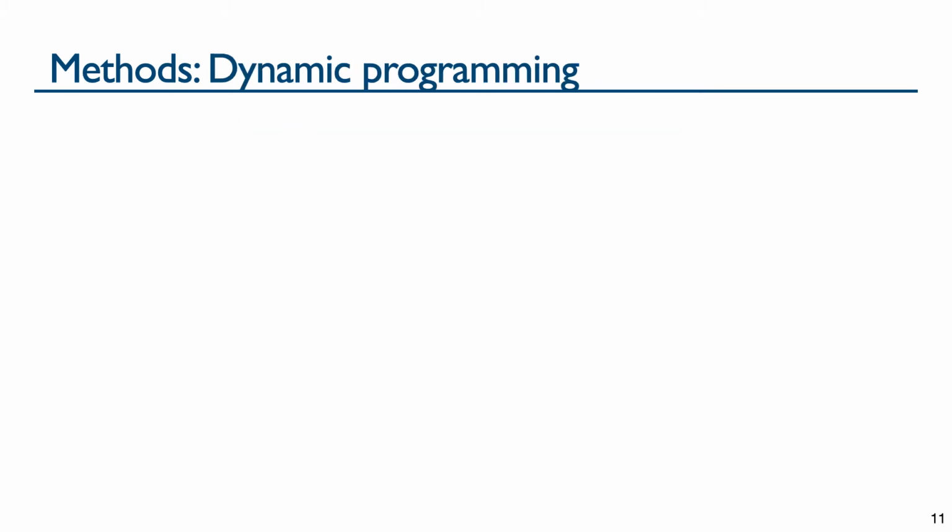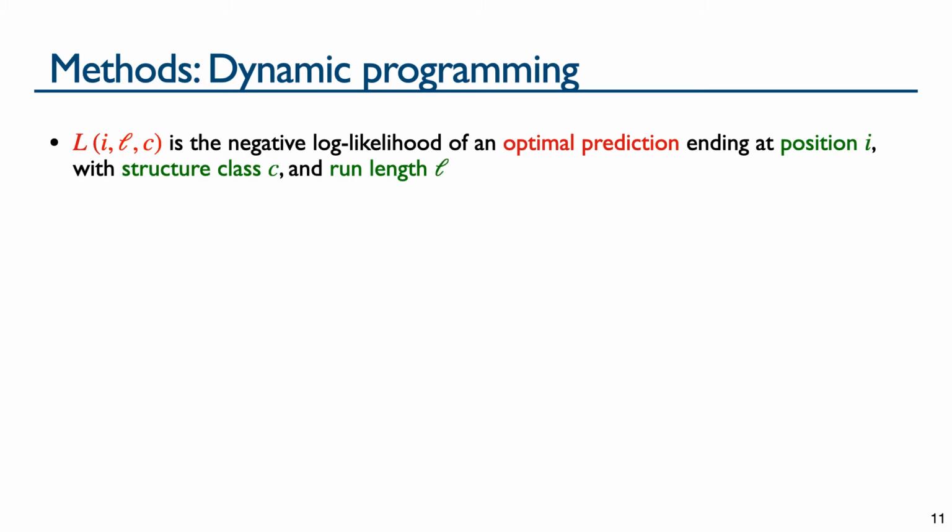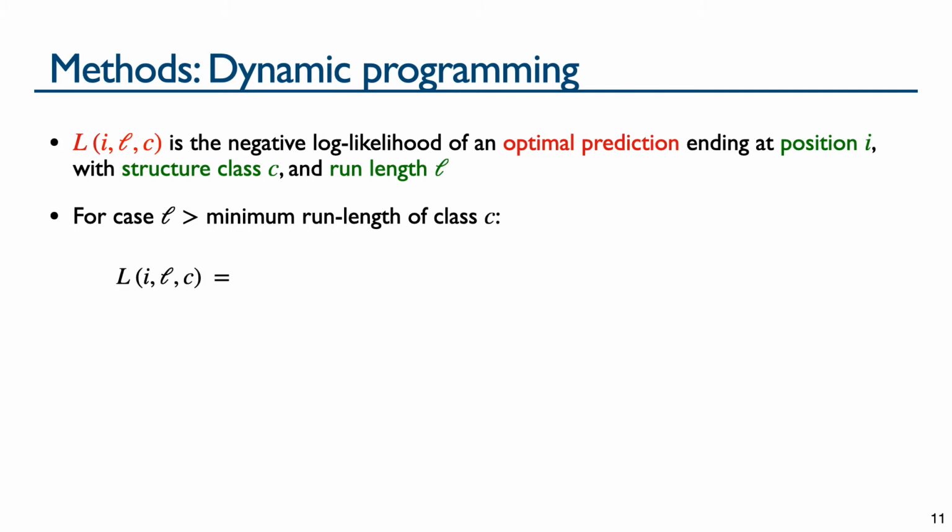The dynamic programming algorithm computes the quantity L of I, L, C, which is the negative log likelihood of an optimal prediction ending at position I with structure class C and run length L. For example, for the general case of L greater than the minimum run length of class C, L of I, L, C satisfies the following recurrence equation.